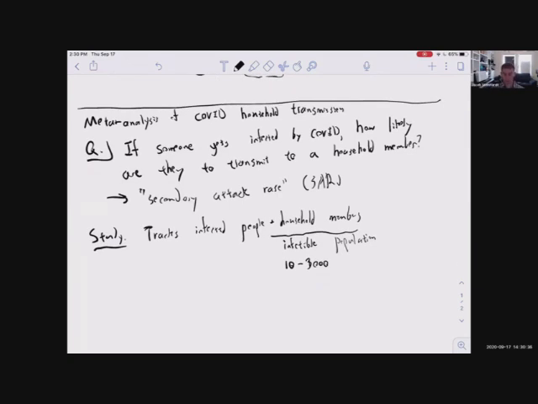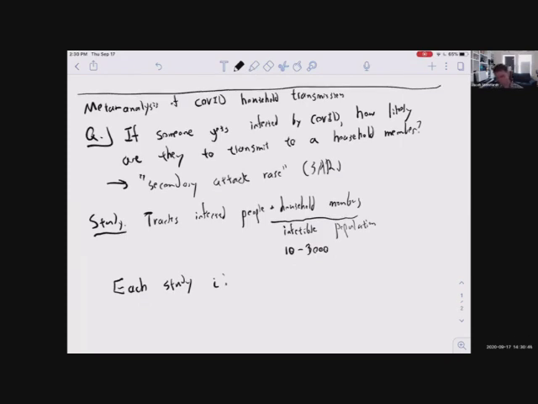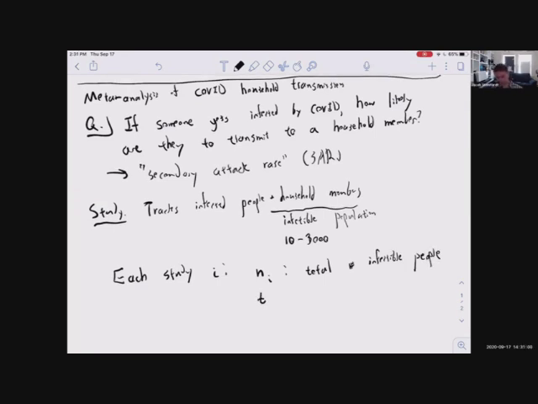So the way we can think of this is, for each study i, first of all, there's some value N_i, which is the total number of infectable people. And then T_i, which is the number of people who test positive.